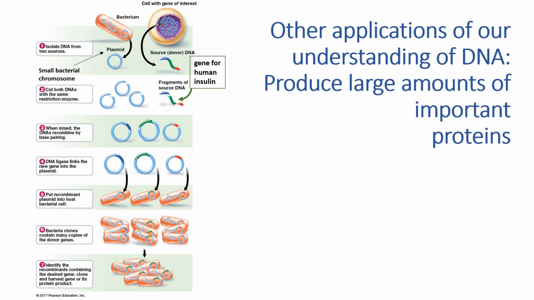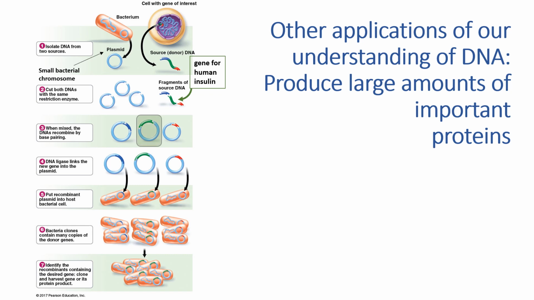We cut the bacterial plasmid, and we can insert the gene for human insulin. And using the same enzyme to glue the backbone back together, we can create a circular plasmid with an inserted human insulin gene.